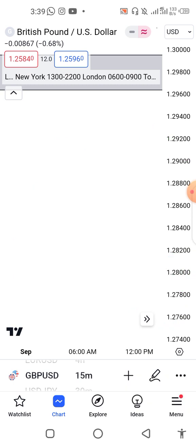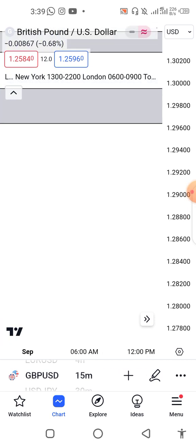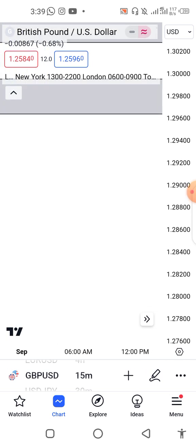So basically these are the two types of market structure that we're going to look at. We have the trending market and also the ranging market or sideways market. As we dive into it, you'll get to know.